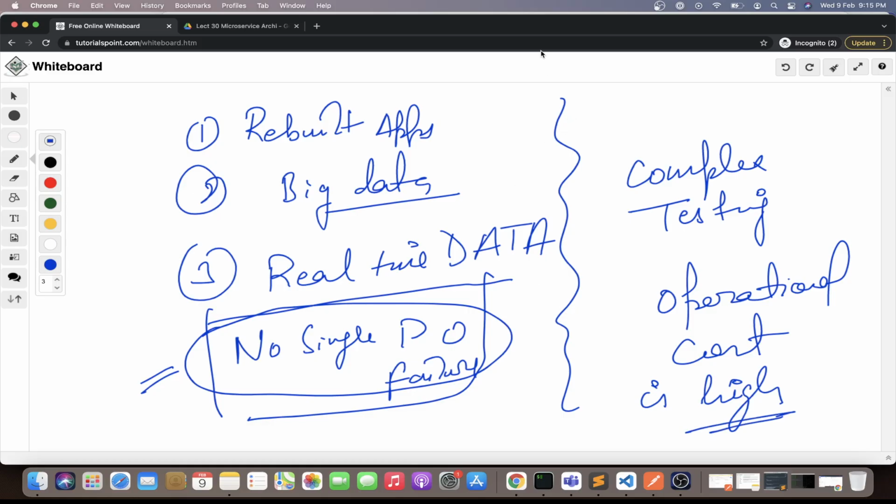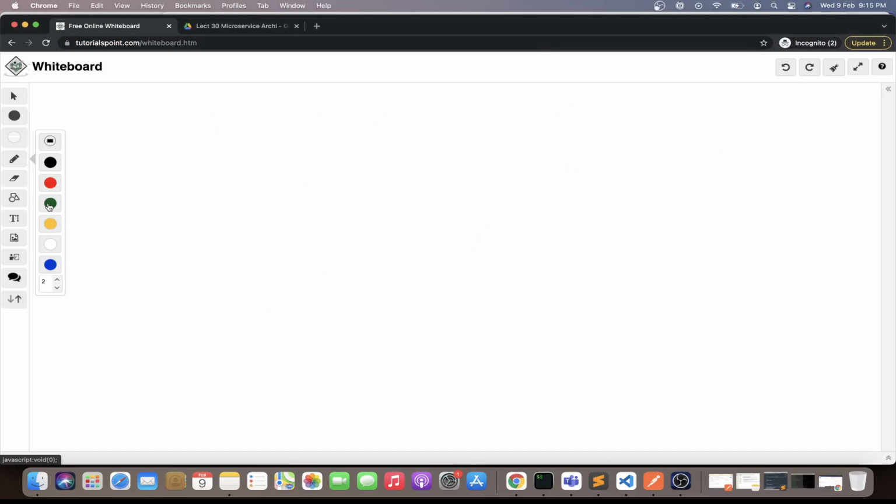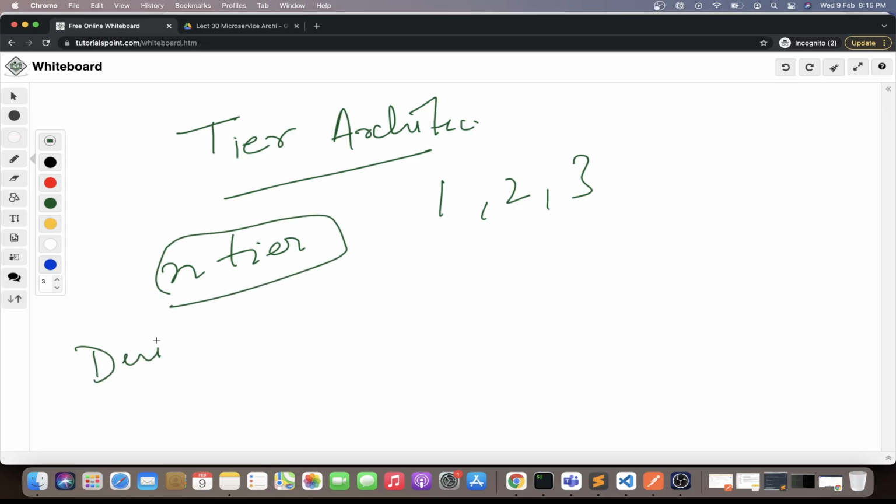Now let's quickly study a very small topic again, that is tier architecture. So architecture might be designed into different tiers, for example 1, 2, or 3 tiers. So a design can be designed such that it has multiple tiers. Cool.